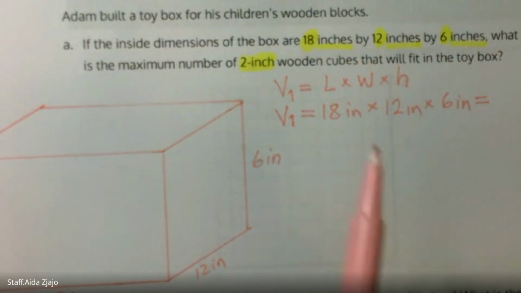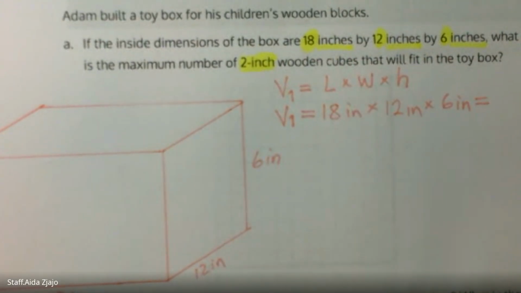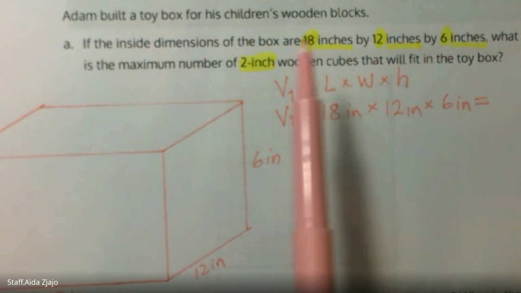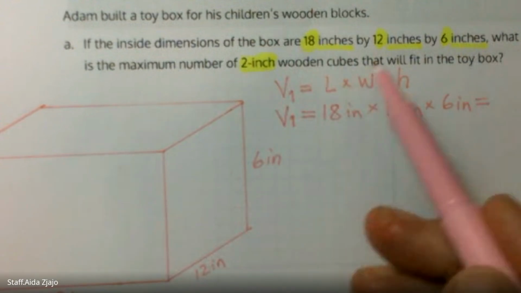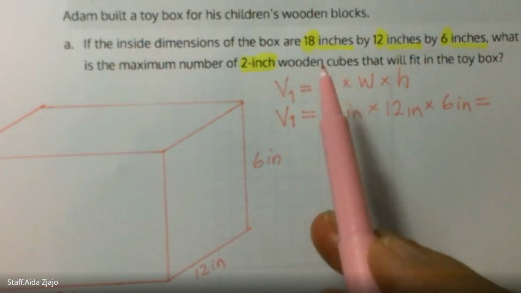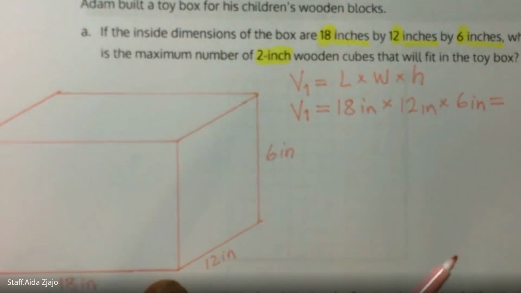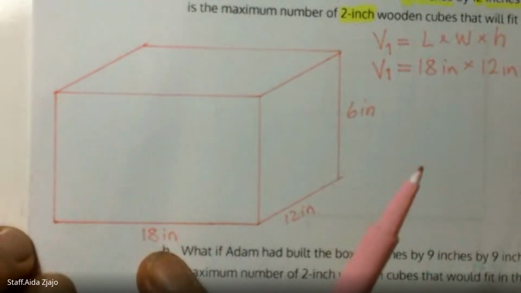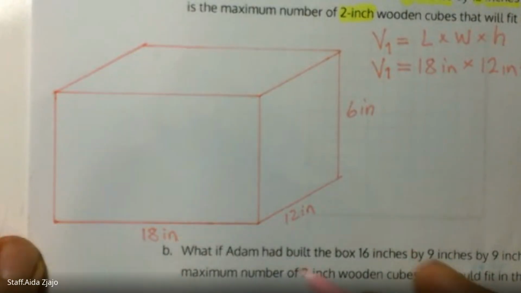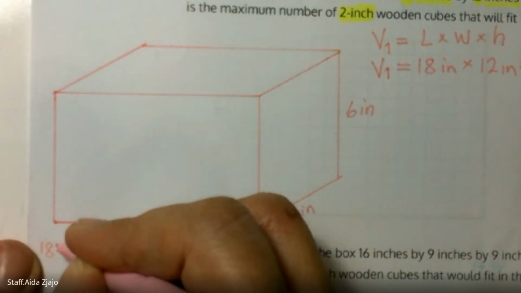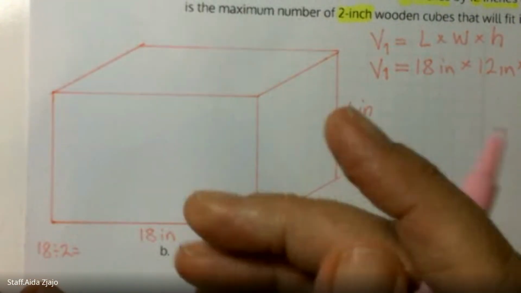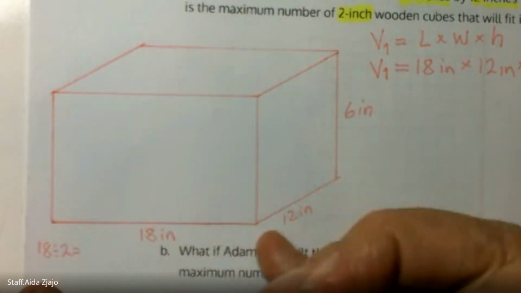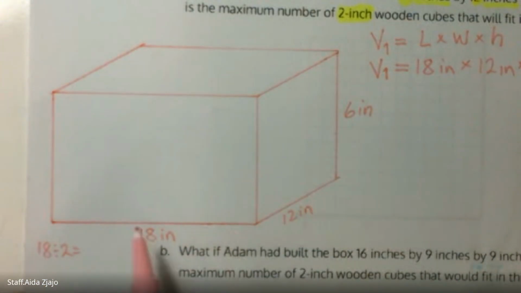But now we have another piece of information: he will put in wooden cubes that are 2 inches wide. If this is 18 inches, we can think about 18 divided by 2, which tells us how many cubes will fit along the length.